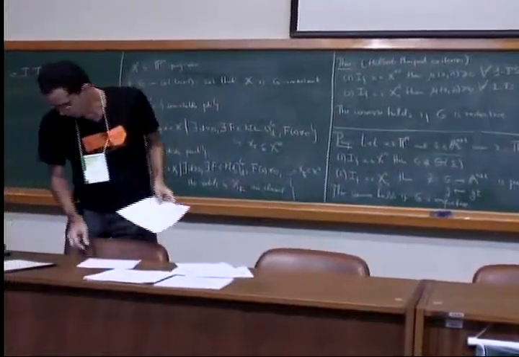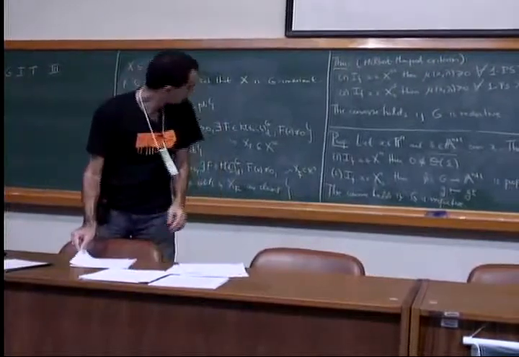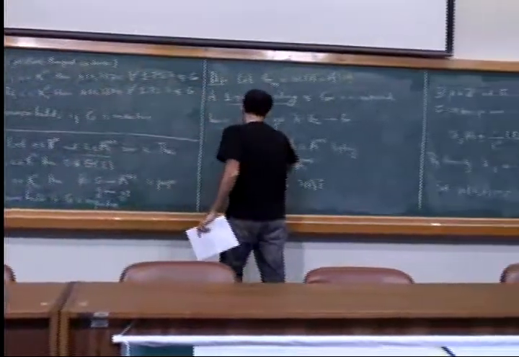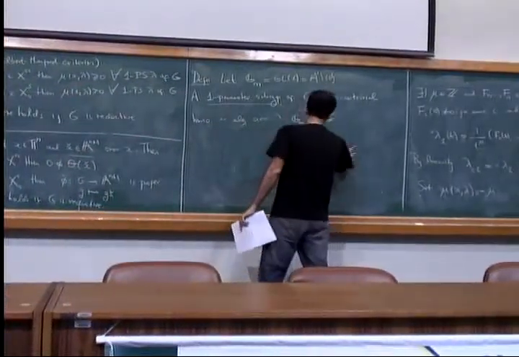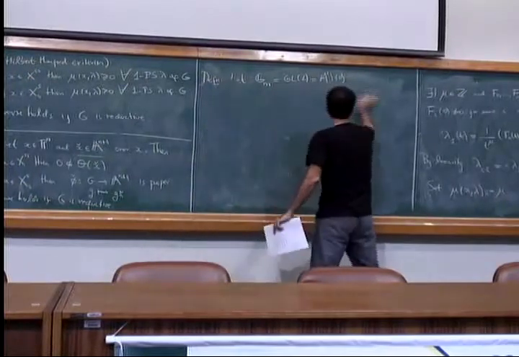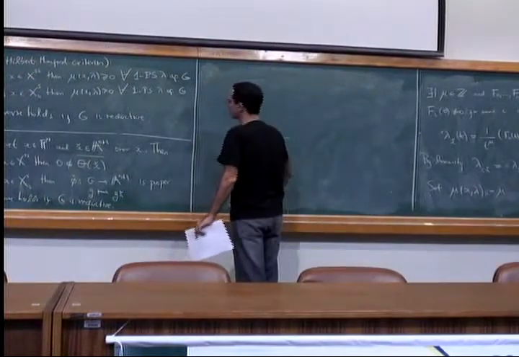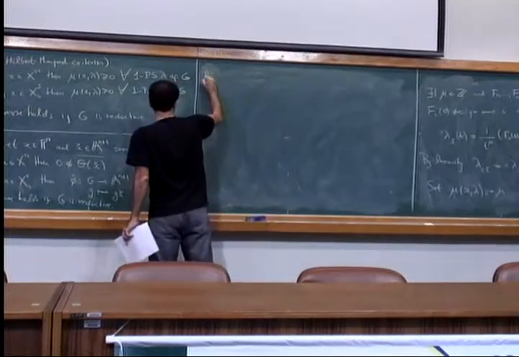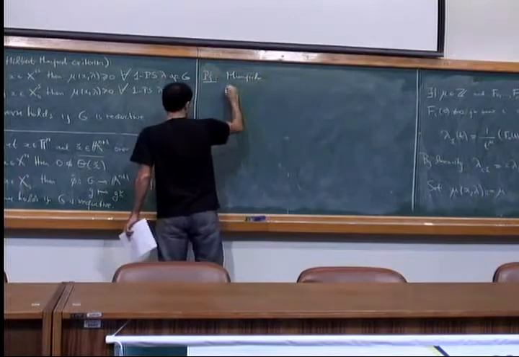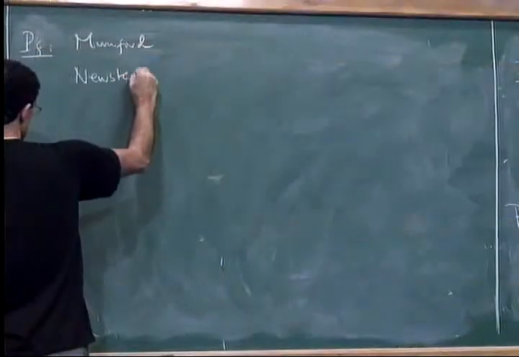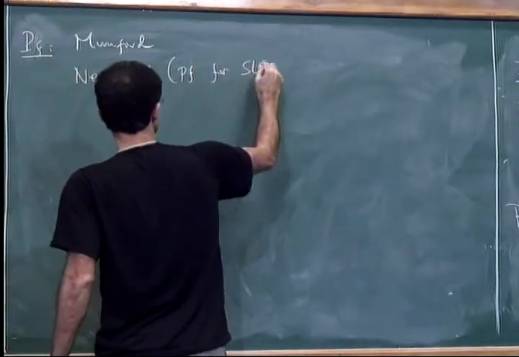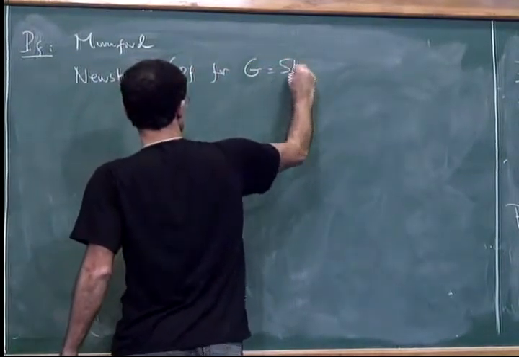So I won't give the full proof of this. You can find it in the book by Mumford, who uses other results from group theory, or you can find in the book by Newstead an elementary proof for G equal to SL of m.